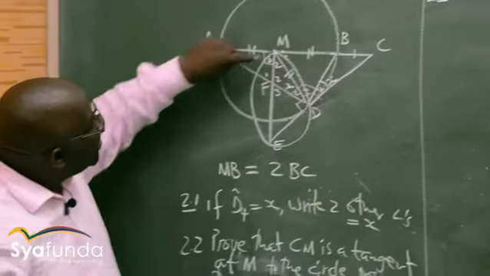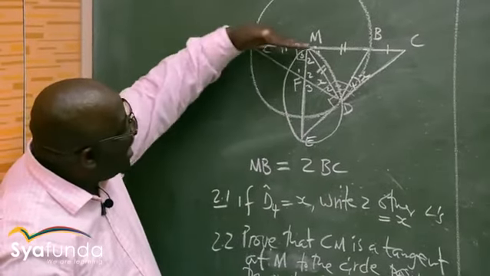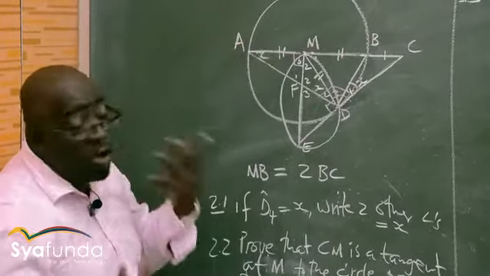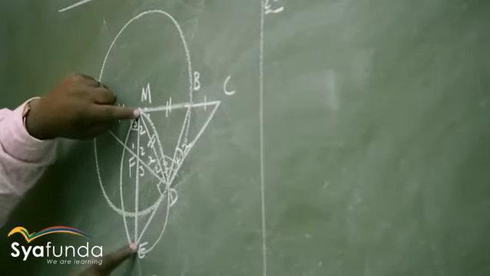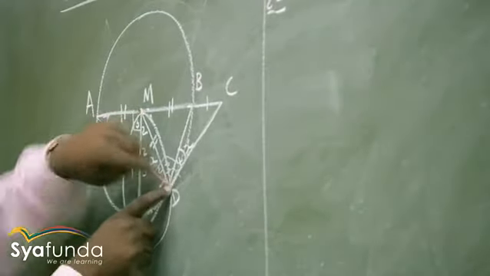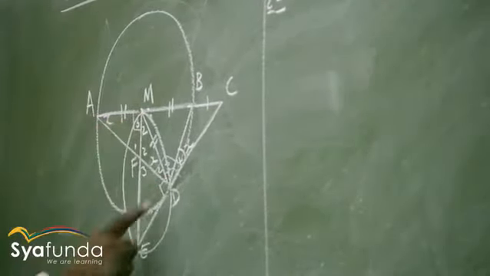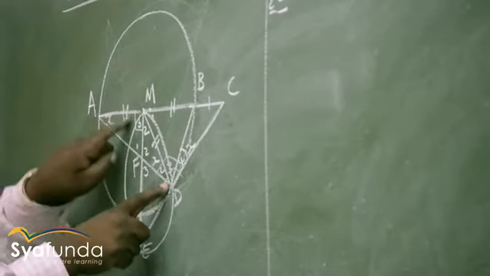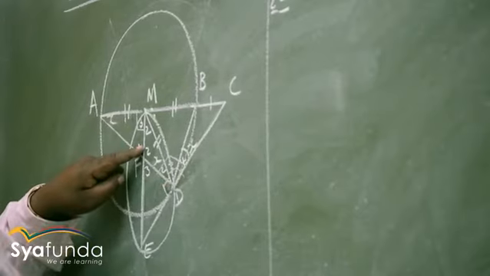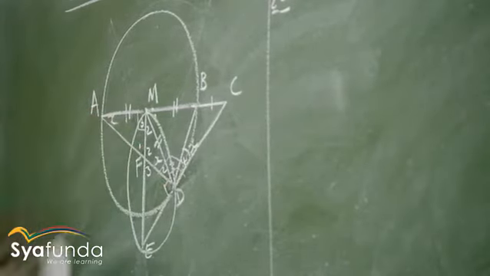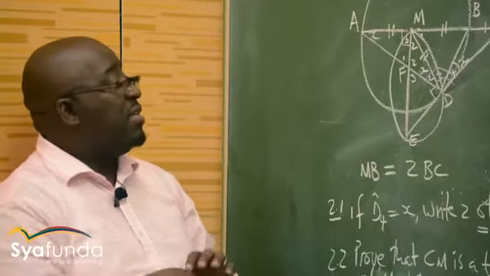Now, when we come to this chord, there's an angle between this line, which we don't know what it is, and this chord. When we move with this chord to the circumference, what angle is formed here? This angle is 90 degrees. And the angle between the tangent and the chord is also equal to 90 degrees. Therefore, this line will definitely be a tangent. Let's write it down.